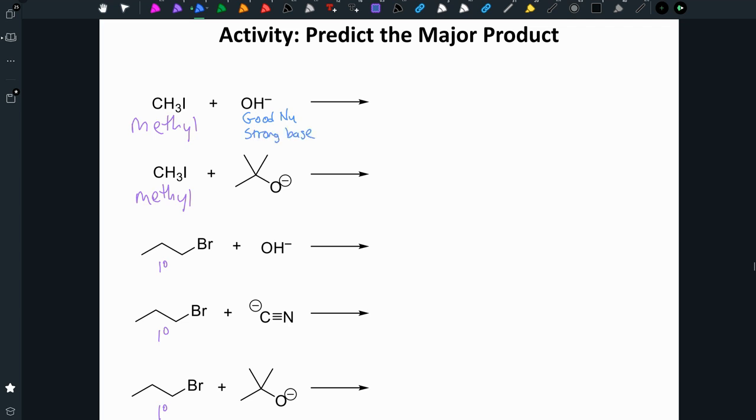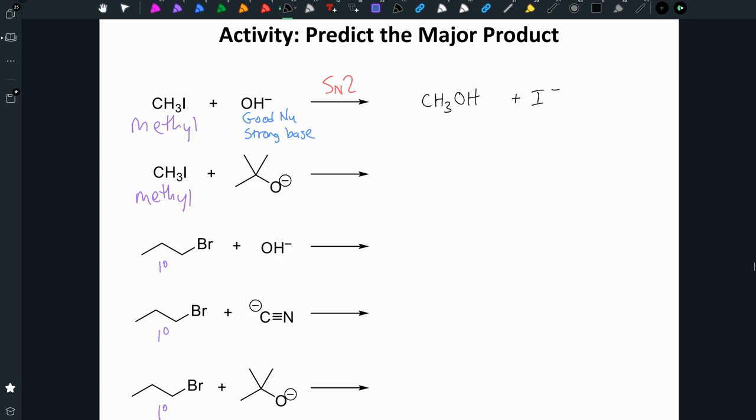Since my substrate is methyl, sterics are good, SN2 is good, I'm going to say this is SN2 all the way. So my likely product is going to be just CH3OH, and then I minus is the byproduct.